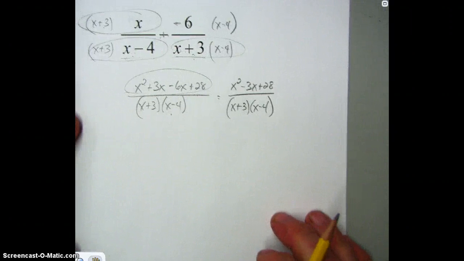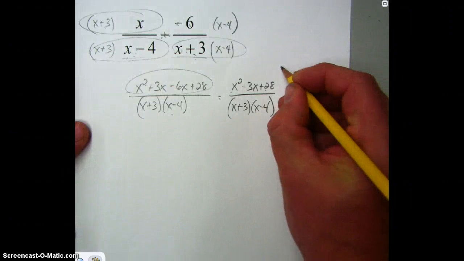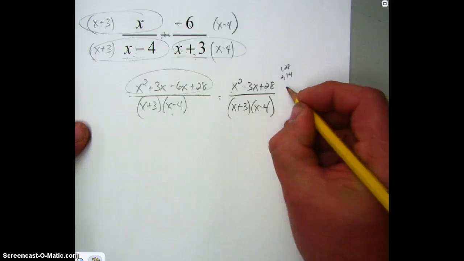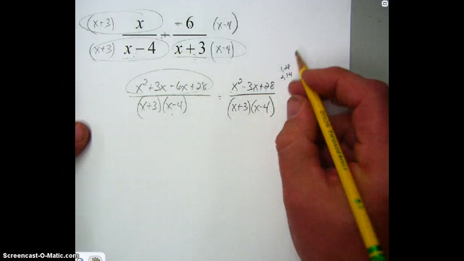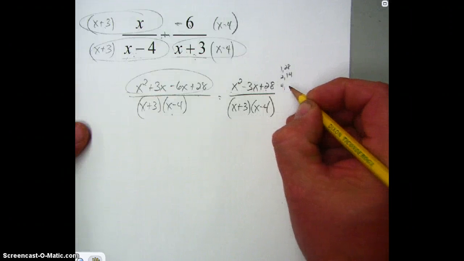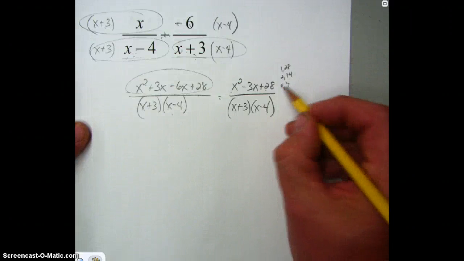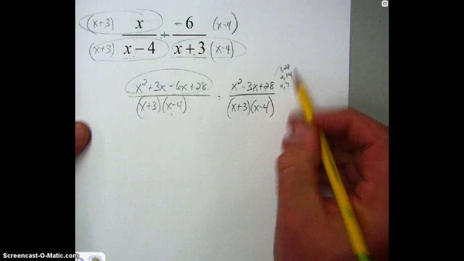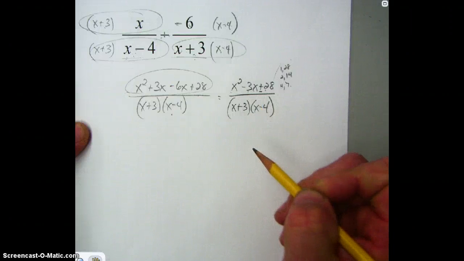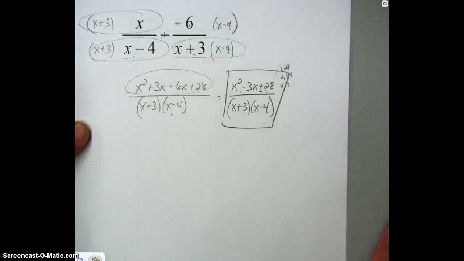Now let's see if we can factor this. Factors of 28 are 1 and 28, 2 and 14, 4 and 7. If I add them, would any give me 3? None of them. So it's not factorable, so I'm done.